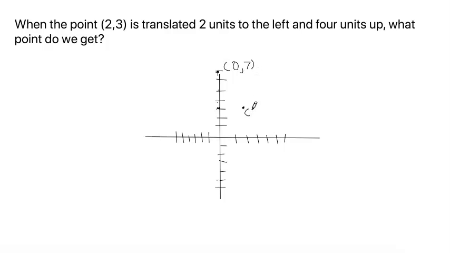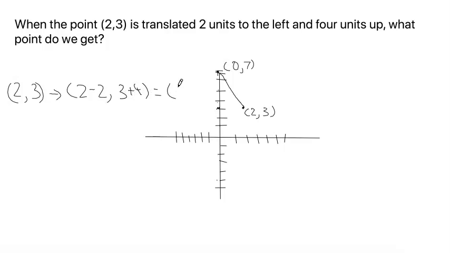From 2, 3, we went to 0, 7. So you could have used the formula too. Remember, 2, 3 becomes 2 minus 2 and 3 plus 4, which equals 0, 7.